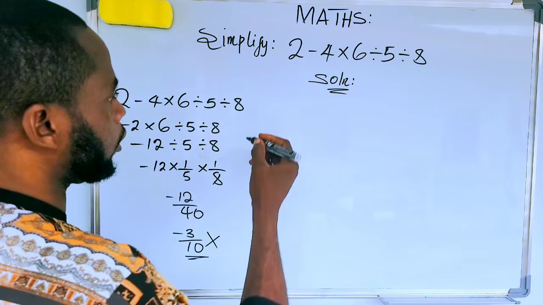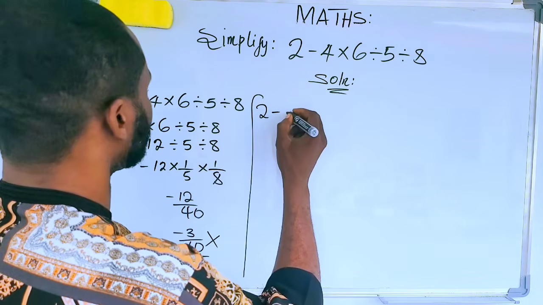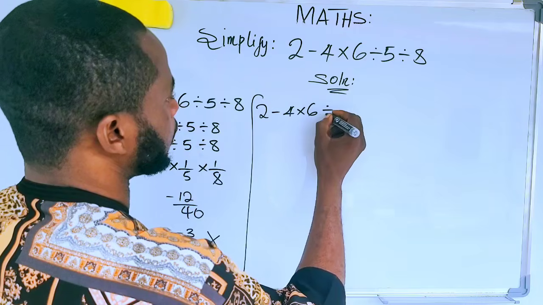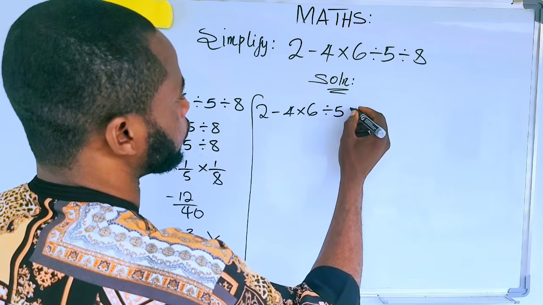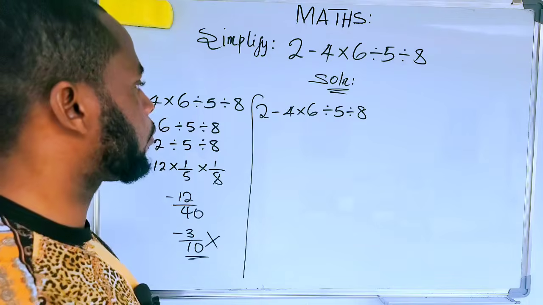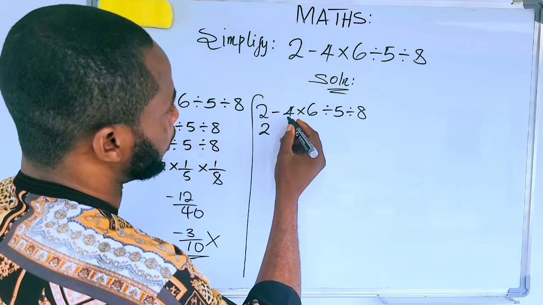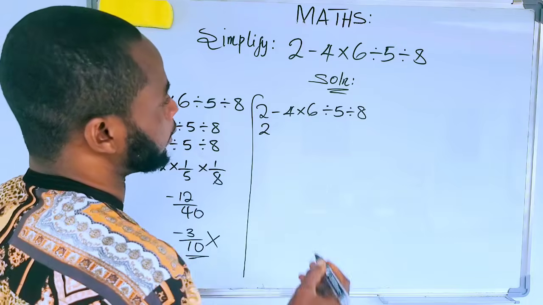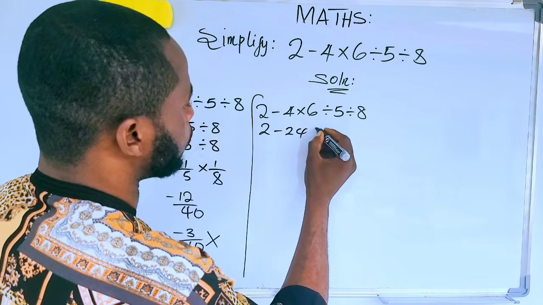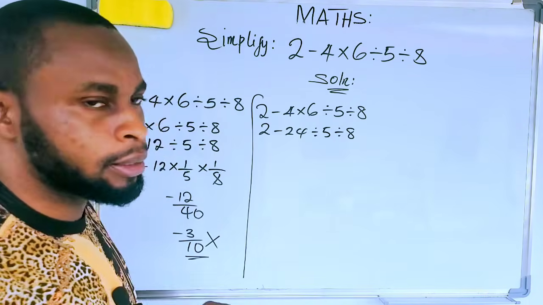Now, still in the same expression, some person will have this: 2 minus 4 multiplied by 6 divided by 5 divided by 8. Well, right here, we have 4 multiplied by 6, that gives minus 24 divided by 5 divided by 8.